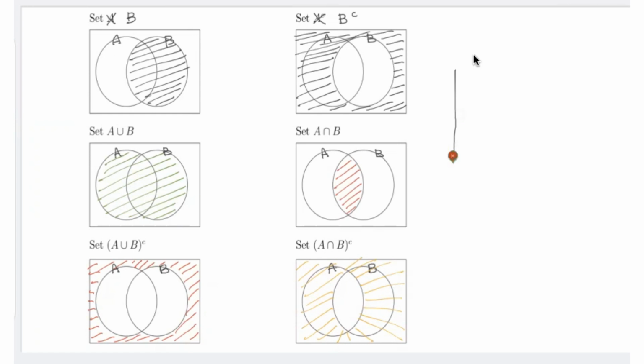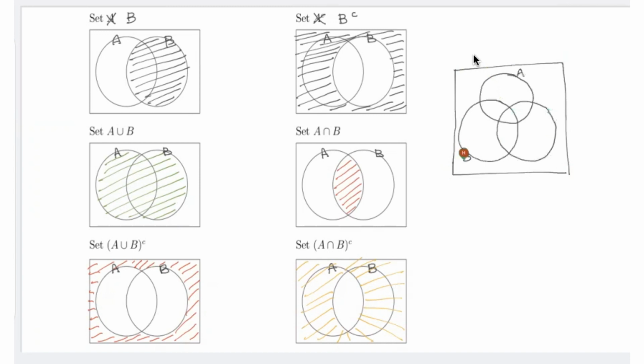Now I have here a box. Here is a set A, set B, set C. So I have A, B, and C. I want you to mark what is A union C. Don't worry about any other circle. You are only looking at A and only looking at C. So everybody in A, everybody in C. You darken those two circles.